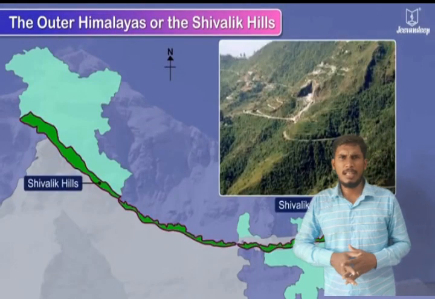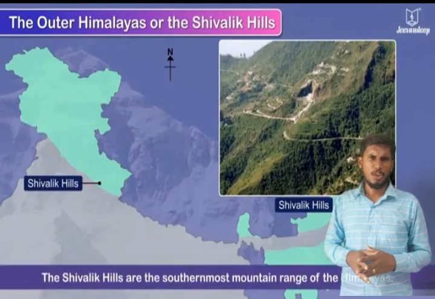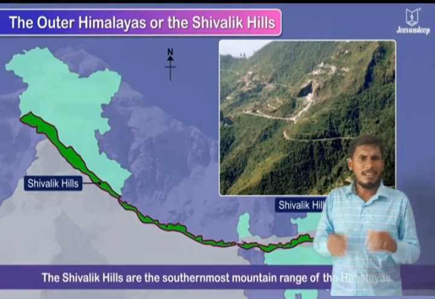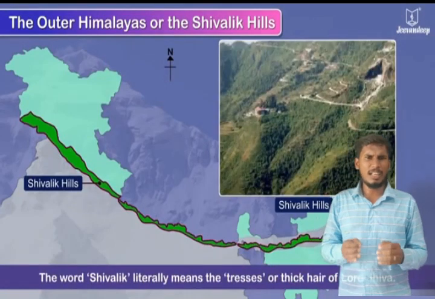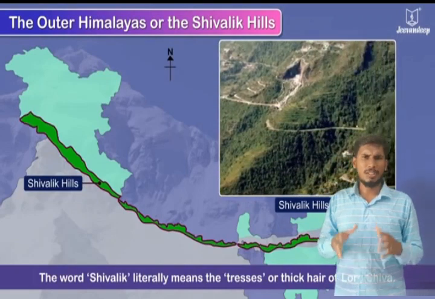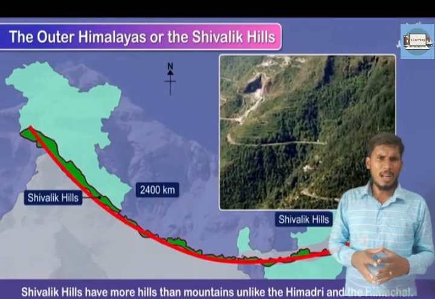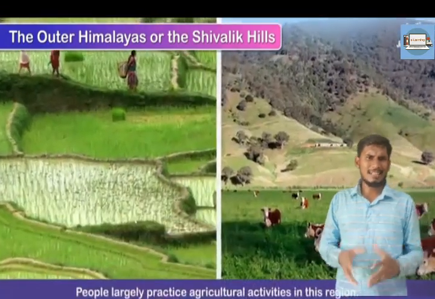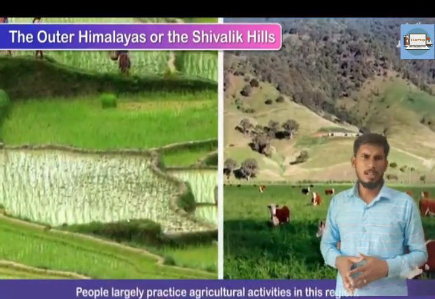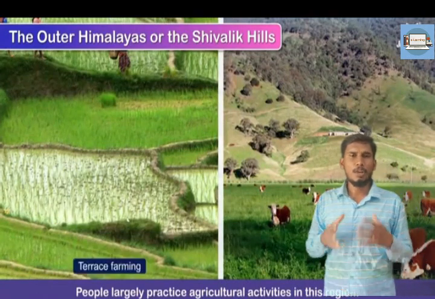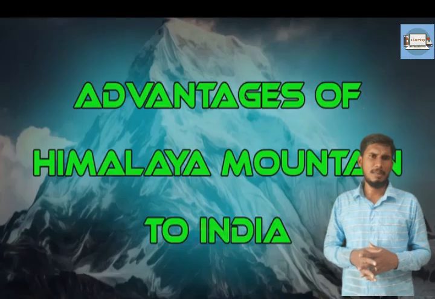The outer Himalayas or the Shivalik Hills are part of the Himalayan ranges. The word Shivalik literally means tresses or thick hair of Lord Shiva. People largely practice agricultural activities in this region. Terrace farming and cattle rearing are more useful in this place.